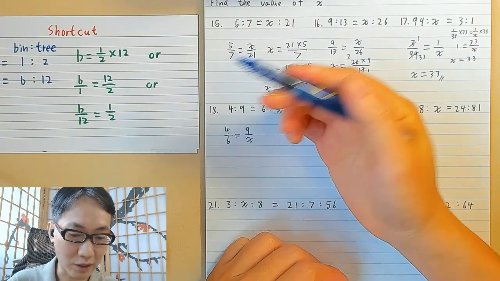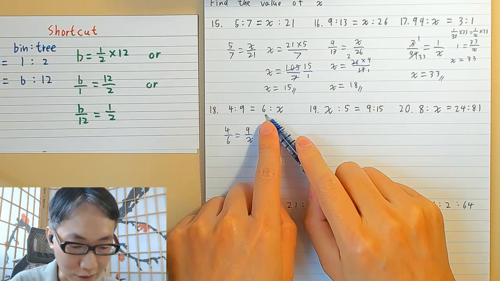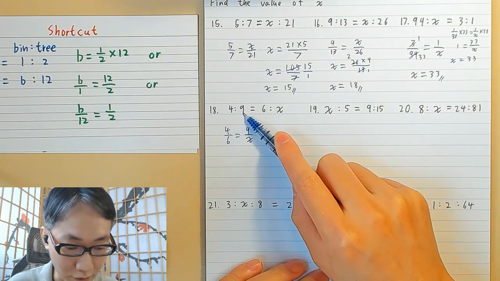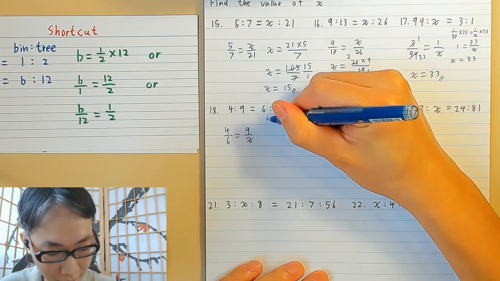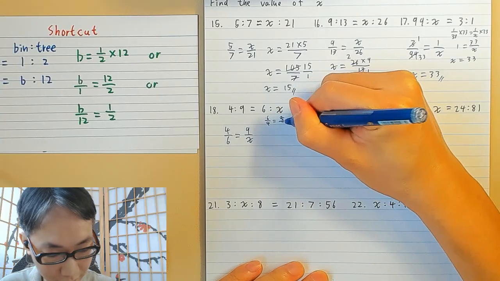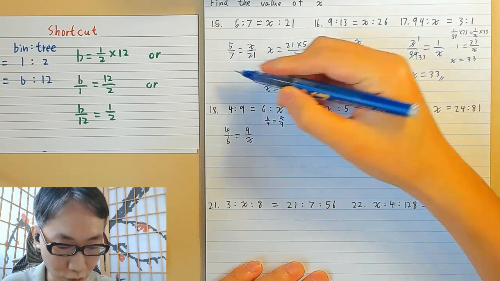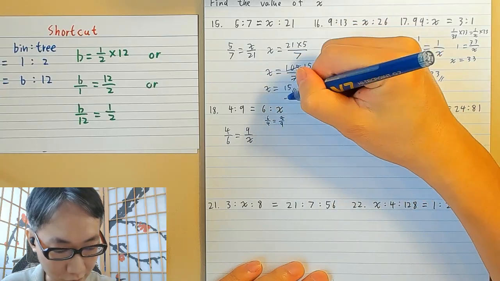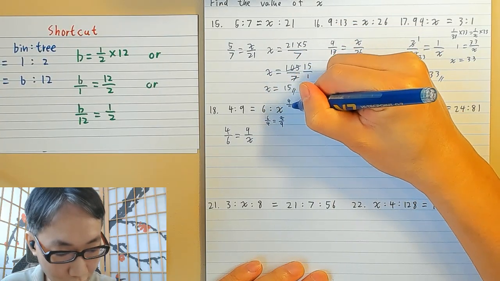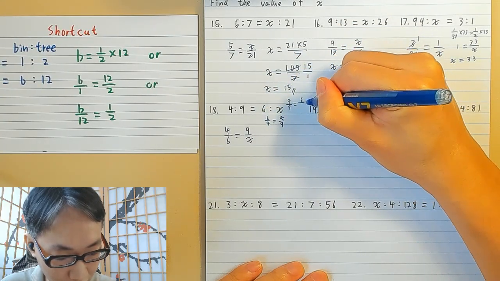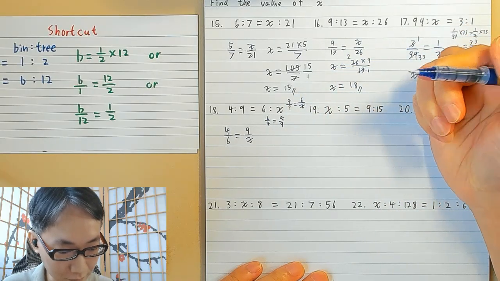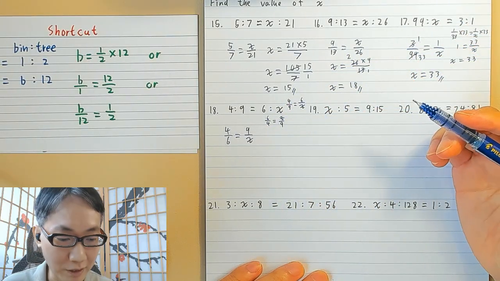So I can use whatever I want actually. I can also say 6 over 4 is equal to x over 9. I can also say 4 over 9 is equal to 6 over x. All of them will lead to the same answer for x.